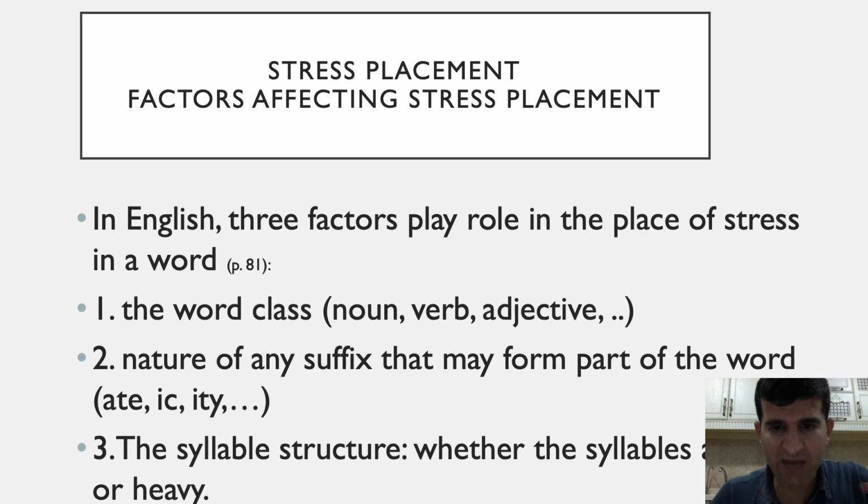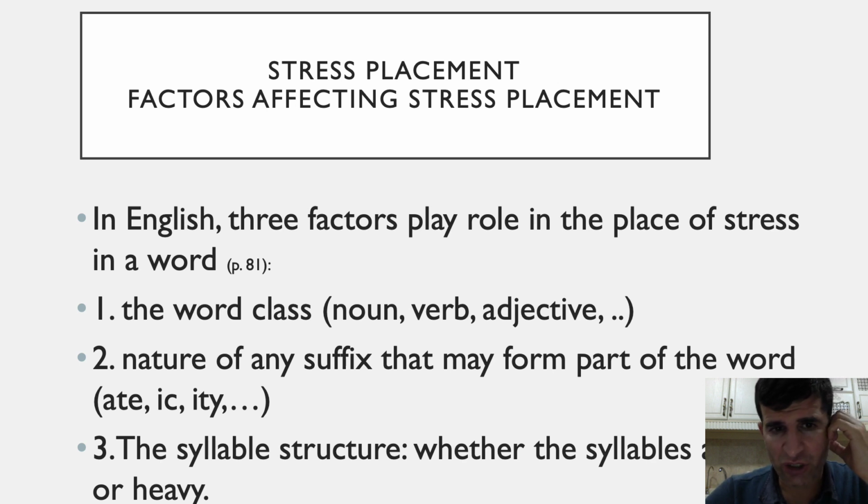It means with every word, try to know the place of stress. But this is somehow impossible. It's very difficult to do that for every word. So we try to find rules for stress placement.